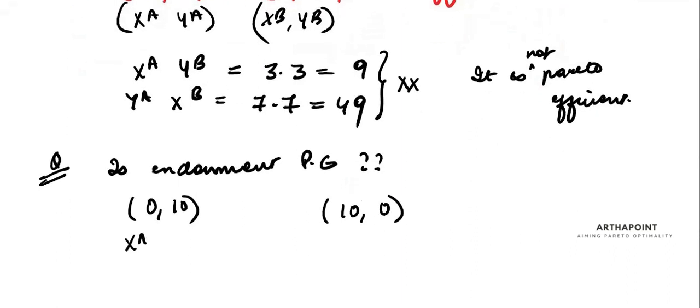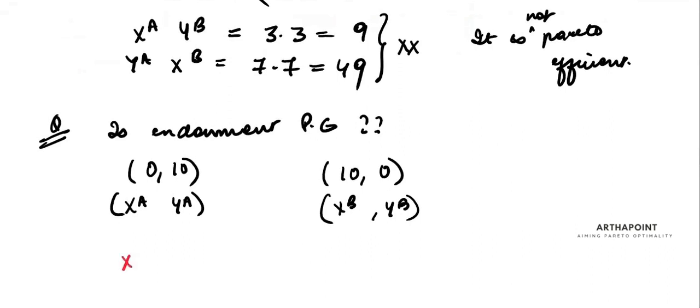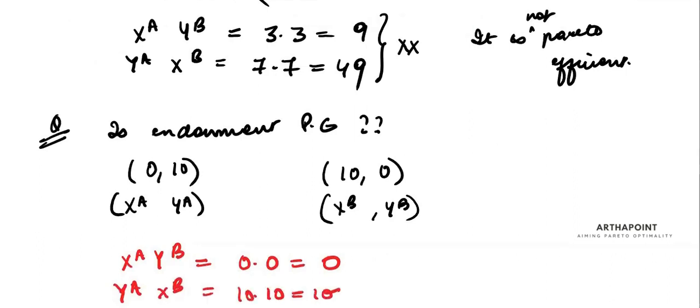So this is XAYA, individual A, and XBYB, individual B. XA into YB is 0 into 0, which is 0. YA into XB is 10 into 10, which is 100. These two are not equal, so it is not Pareto efficient.